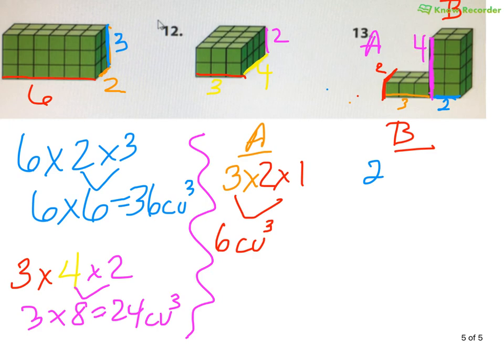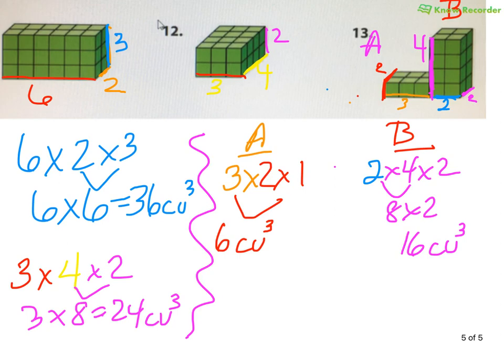Is 4. Even though it touches down here, let me grab my pointer. Even though it's touching right here, that's totally okay because it's part of this figure. All right? And once again, like we said, it doesn't matter where you multiply. And then my width is 2. So I'm going to get 8 times 2, which is 16 cubic units.